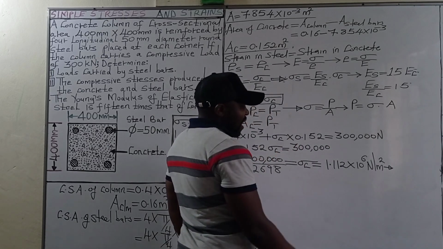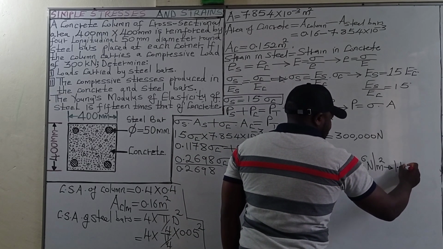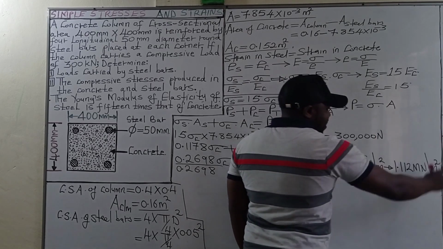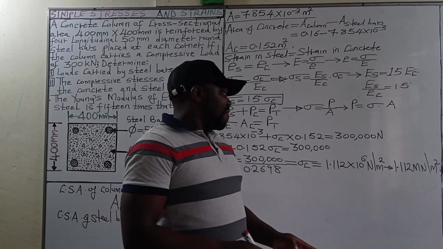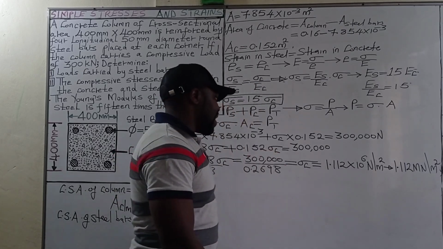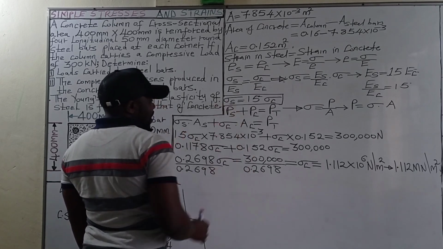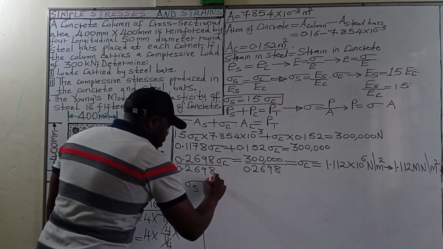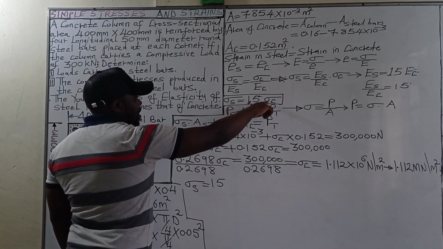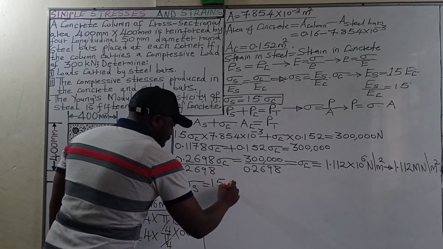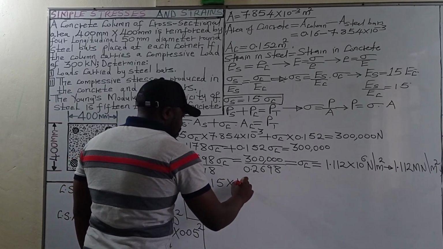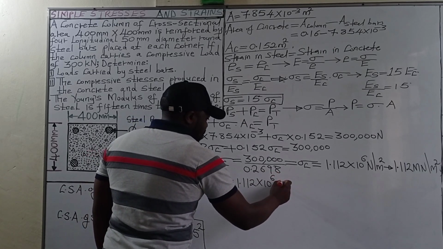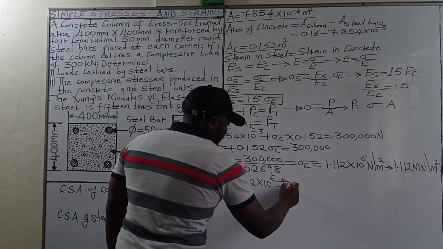This one can also be rewritten as 1.112 mega newtons per square meter, since 1 meganewton is equivalent to 1 million newtons. So that is it. On the other hand, the stress in steel is equal to 15 multiplied by the stress in concrete, and the stress in concrete is 1.112 times 10 raised to the power of 6 newtons per square meter.